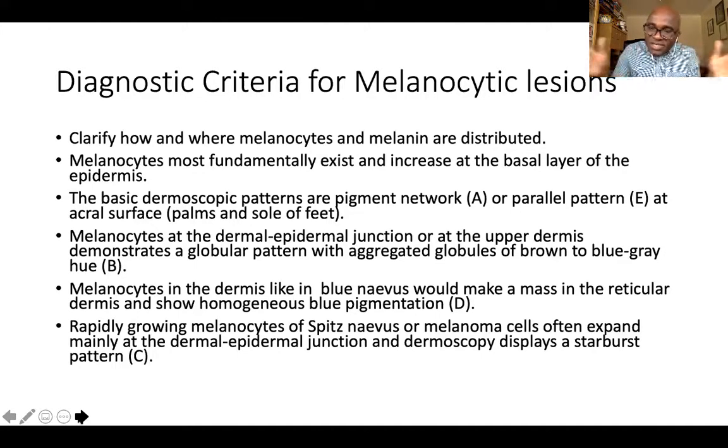When the expansion is visible within the dermoscopy, it shows the starburst pattern or the streaks, the finger-like projections at the periphery of the lesion, and that is what a starburst or pigmented Spitz nevus will look like. There is a Spitz nevus in children, which usually has dots in it, and it's different from the Spitz nevus, or nevus of Reed, in an adult, which is still another type of Spitzoid nevus.